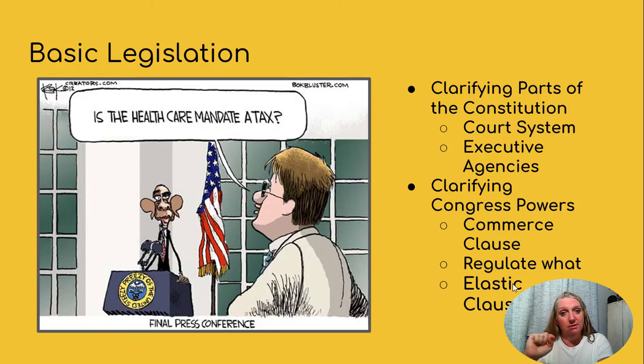So write that out to the side. I'll be checking for that too. So we're going to clarify what the Commerce Clause, what can they regulate? Well, a lot of what they can regulate can fall under the elastic clause, that necessary and proper clause that expands Congress's powers. Okay.